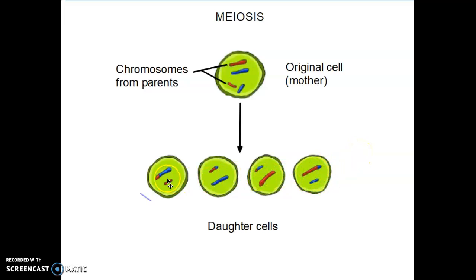So these guys have half the number of chromosomes that the original cell did. And not only that, each chromosome is different from one another. So instead of ending up with 2 identical daughter cells, we end up with 4 genetically unique haploid daughter cells, which means they have half the genetic information in them.